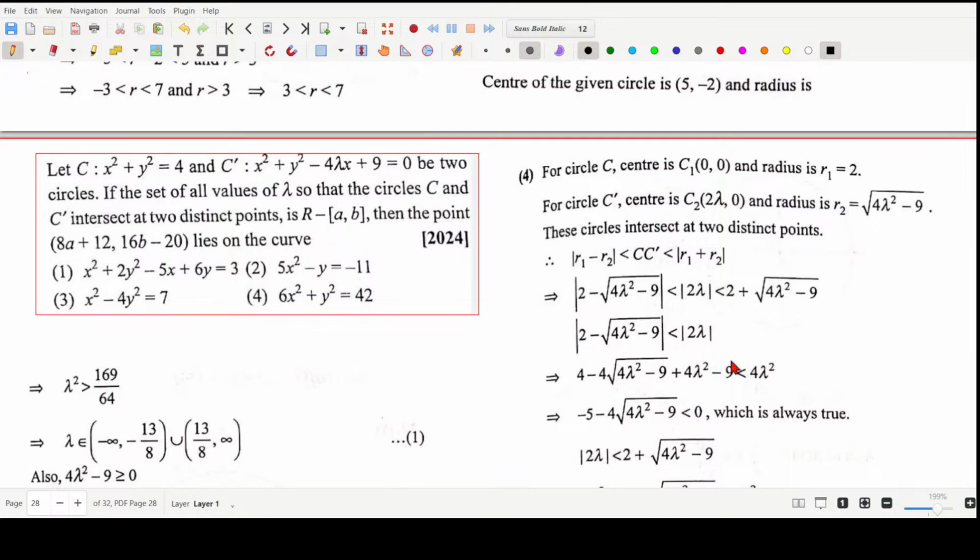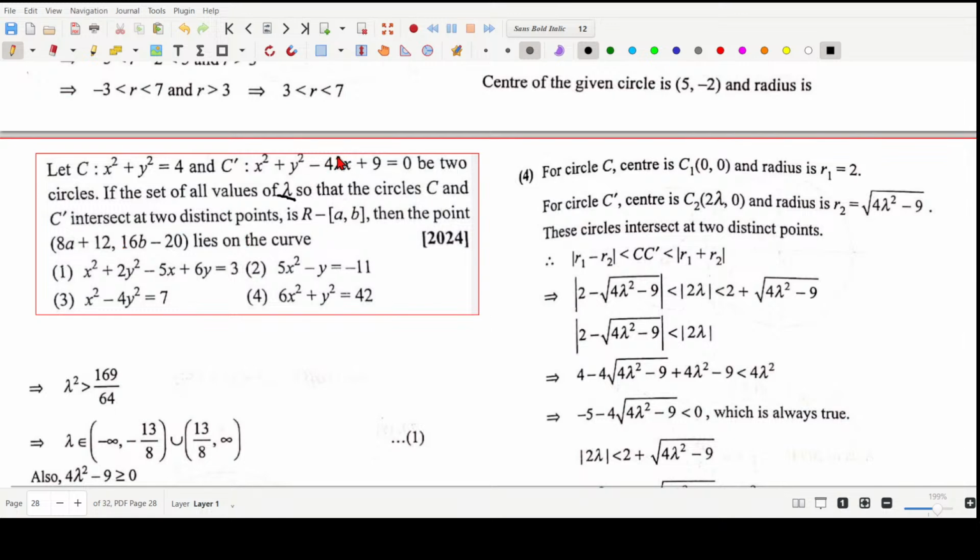Okay. See this? There is a circle, there is another circle. Now this circle and this circle, they are intersecting, right? The set of all values of lambda such that these two circles intersect at two distinct points.